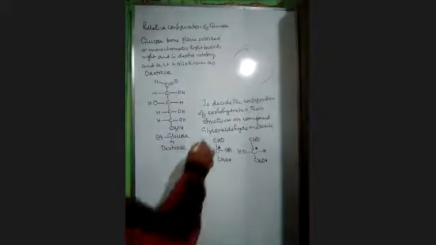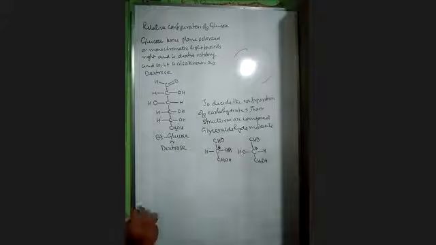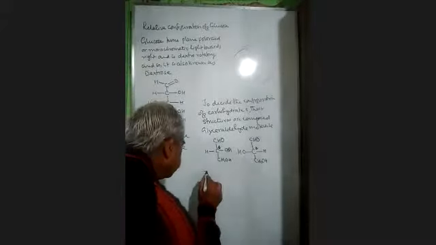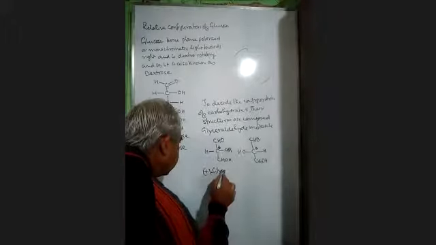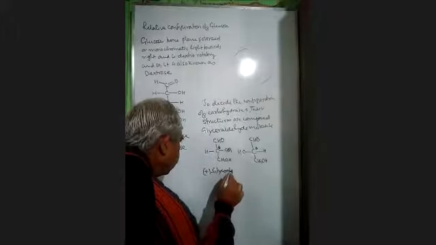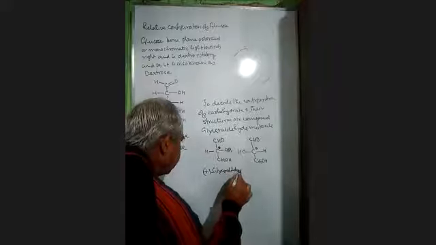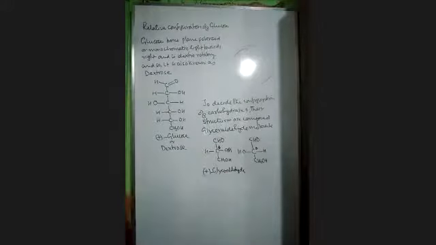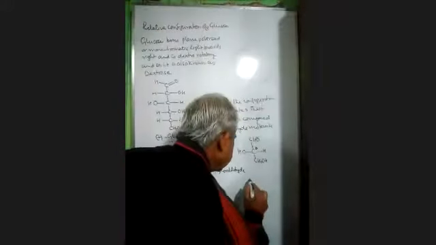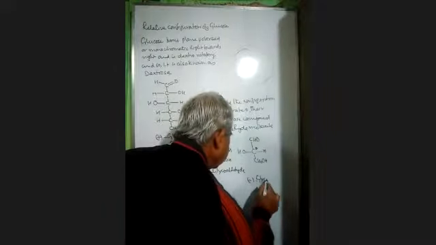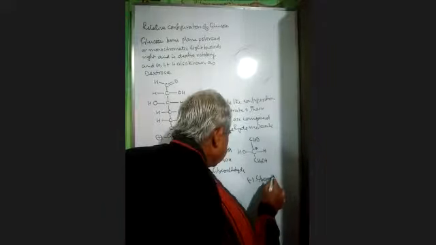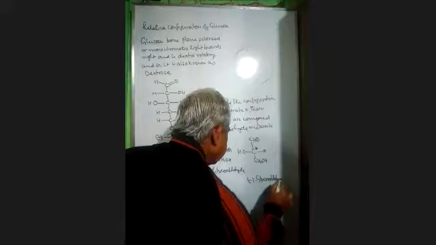When one rotates the light towards right, the other rotates the light towards left. So right now here, plus glyceraldehyde, and this is minus glyceraldehyde.